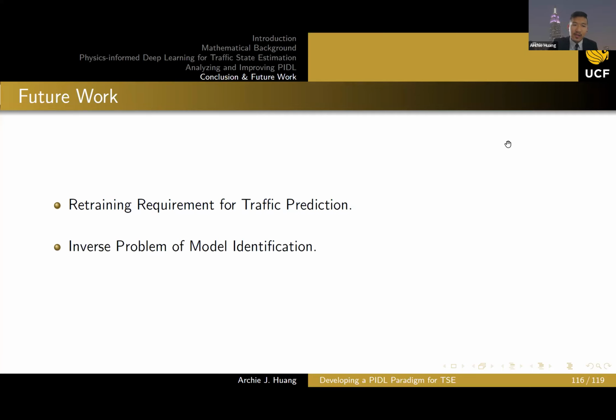The second direction for future work is the inverse problem of model identification. By that, I mean, given the traffic observations, can we select or identify the most suitable model, whether that's LWR, the CTM, the Greenshields fundamental diagram, or maybe some other version of the diagram?